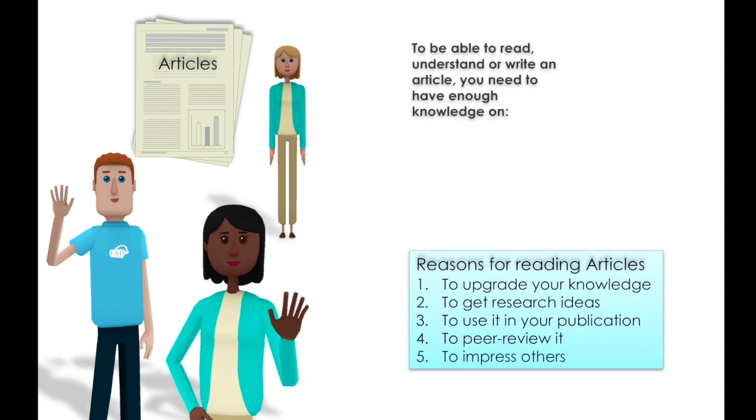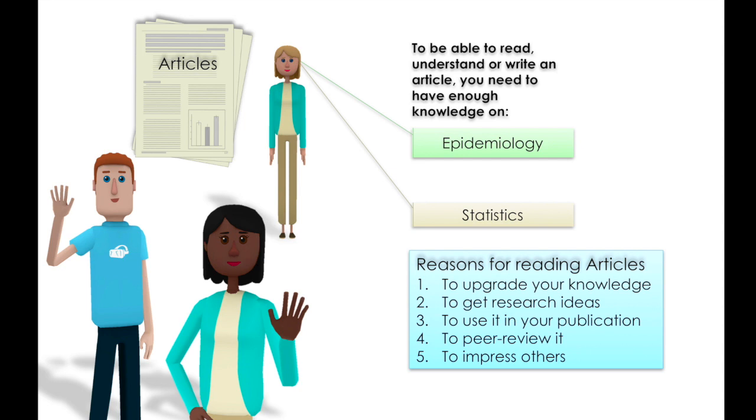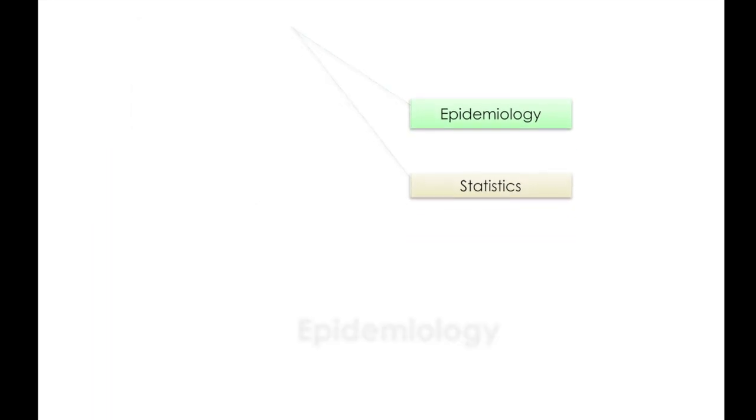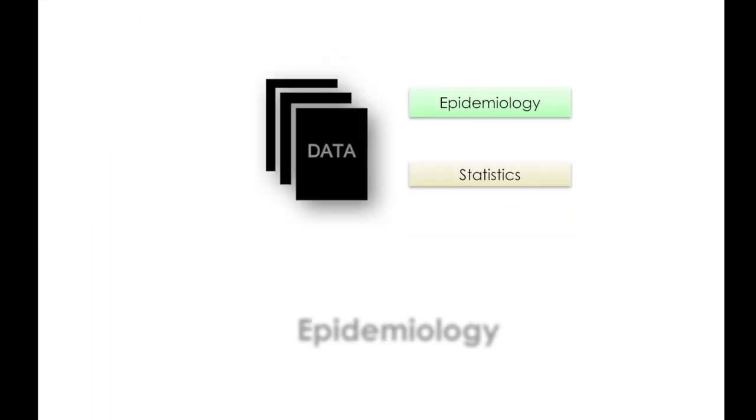To be able to read, understand, and write an article related to health research, we need to have enough knowledge on epidemiology and statistics, which is mostly talking about quantitative studies. Quantitative studies are dealing with the data, which means the whole set of possible scores in a population.